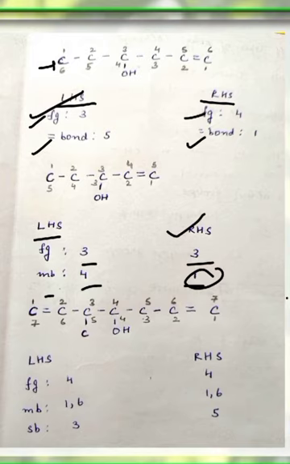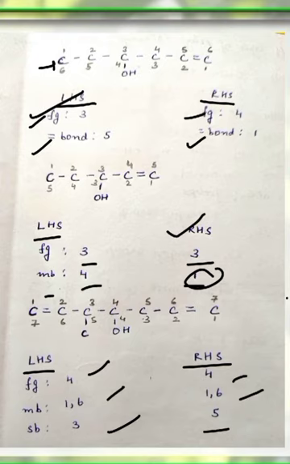Now the next one, it is a 7 carbon chain. If I number it from the left hand side, then the functional group gets the fourth position, the multiple bonds are at 1 and 6 positions, there are 2 bonds, and the substituent is at the third position. If I number it from the right hand side, then the functional group gets the fourth position, the multiple bonds are at 1 and 6, and the substituent is at the fifth position.